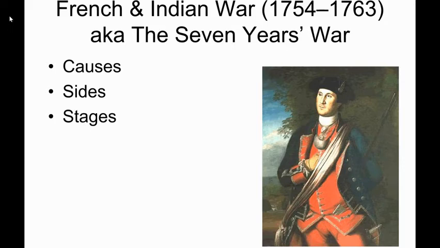When Fort Duquesne eventually gets taken over, it gets renamed Fort Pitt, and that's what we all know today as Pittsburgh. And so William Pitt starts that second stage and reorganizes the war effort and really saves the British and the colonists during the French and Indian War.